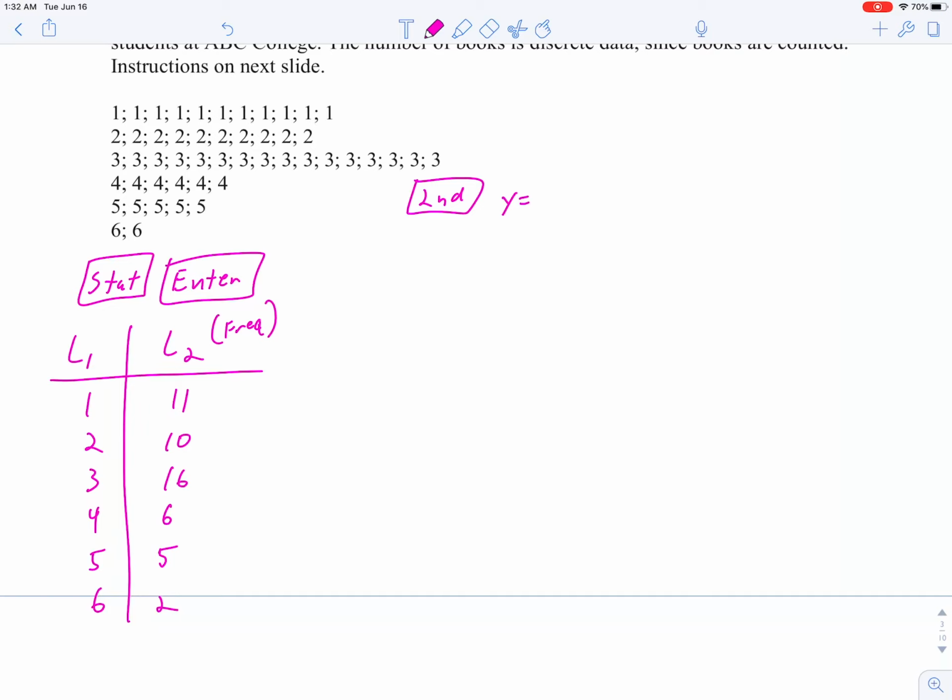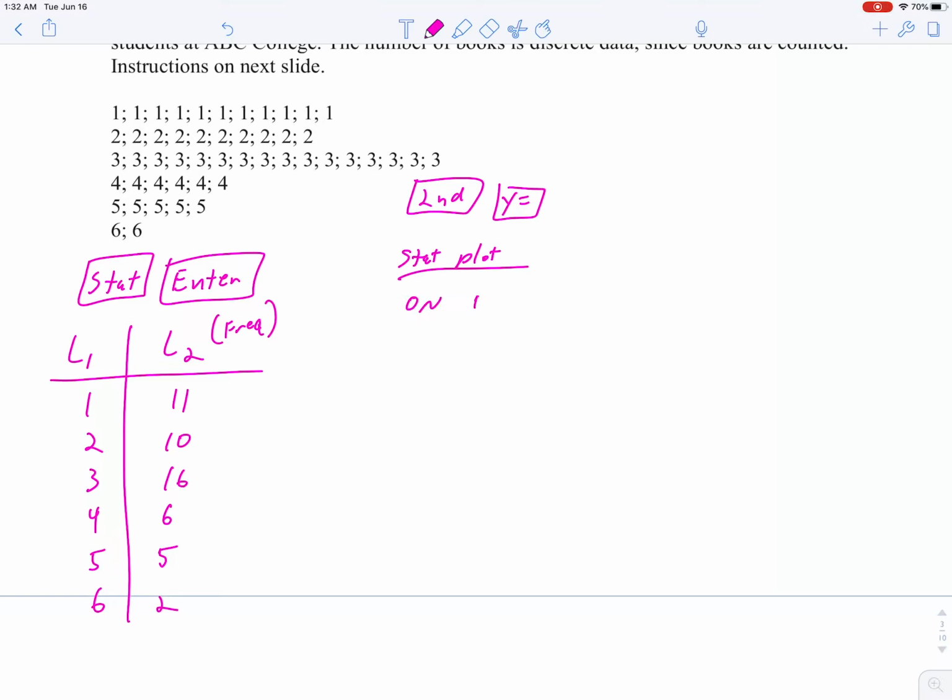Directly above that button is the Y equals button. So we hit second Y equals, and you'll see at the top it says Stat Plot. All right, and then just hit Enter for number 1.